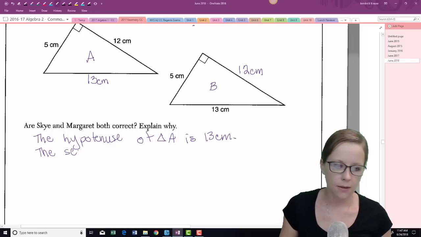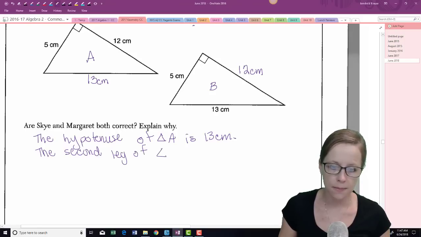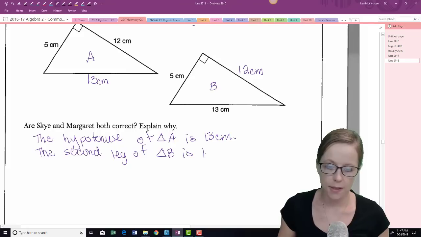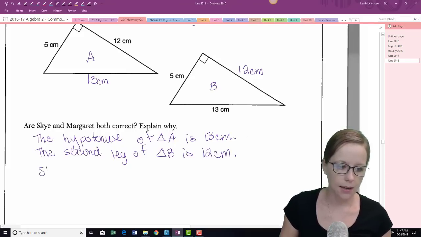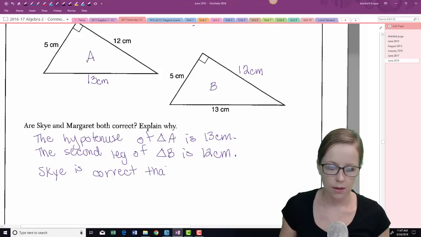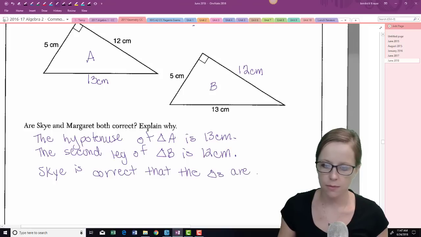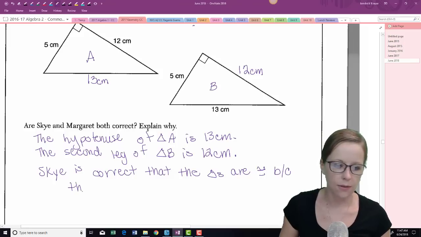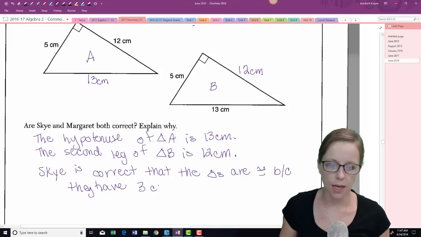The second leg of triangle B is 12 centimeters. Sky is correct that the triangles are congruent because they have 3 congruent sides.